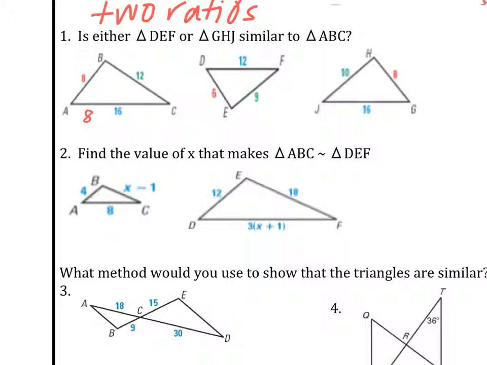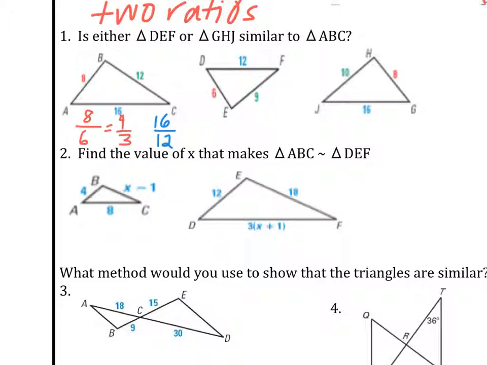What does 8 correspond to in DEF? 6. And that simplifies to 4/3. We need all the other ratios to simplify to 4/3 as well. 16 corresponds to 12, the blue one.